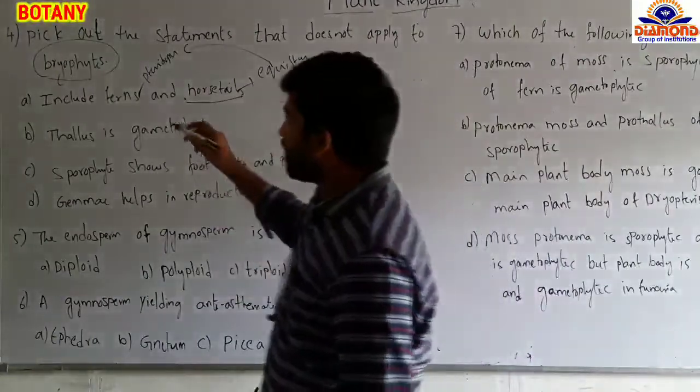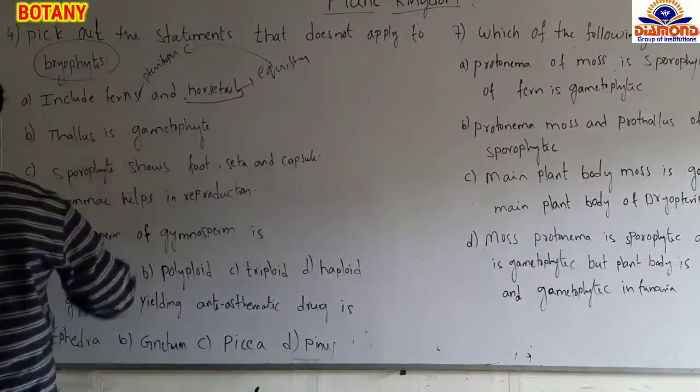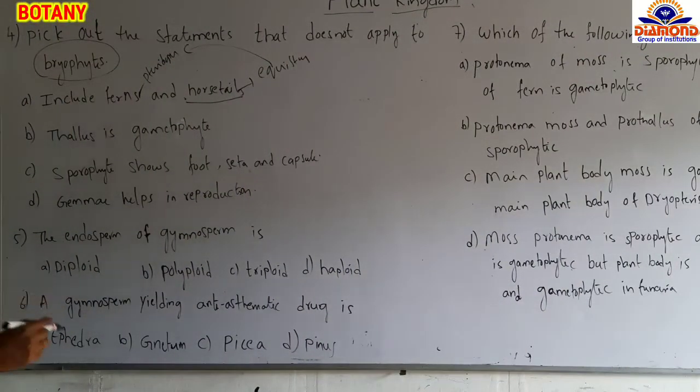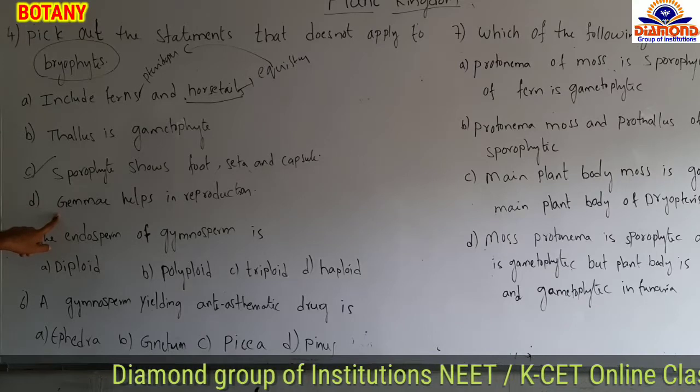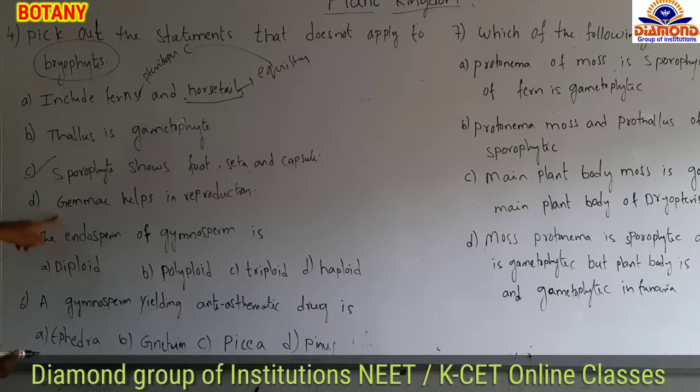So we are not considering it, and the B and D options belong to the bryophytes partially. C belongs to the bryophytes. Here D can be shown by some bryophytes, but not all bryophytes show it. And B, bryophytes belong to the thallophytes, but all thallophytes are not bryophytes. And includes ferns belongs to the pteridophytes only. So the correct statement for the bryophytes is C only.